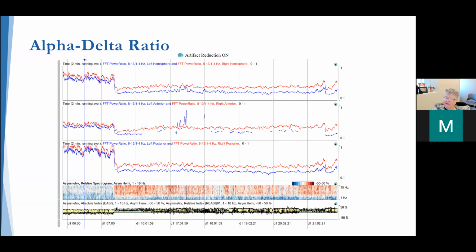So this top is left versus right hemisphere, right being red, blue being left. We can see that sudden change in the alpha delta ratio. Here we have over the anterior regions of the head and the posterior regions of the head. And again, clearly separated out alpha delta ratio. And here we see the same changes on our asymmetry spectrogram.